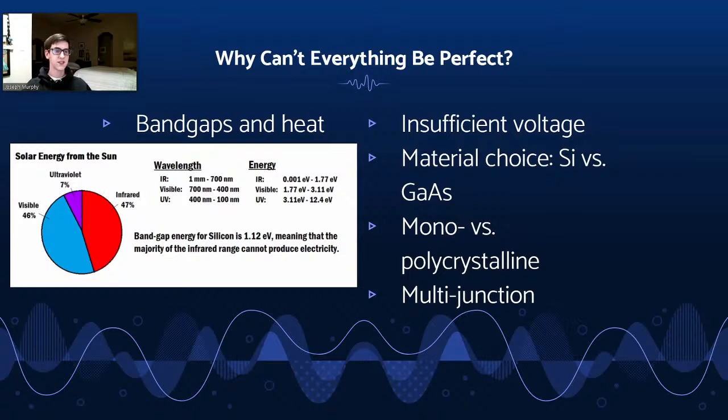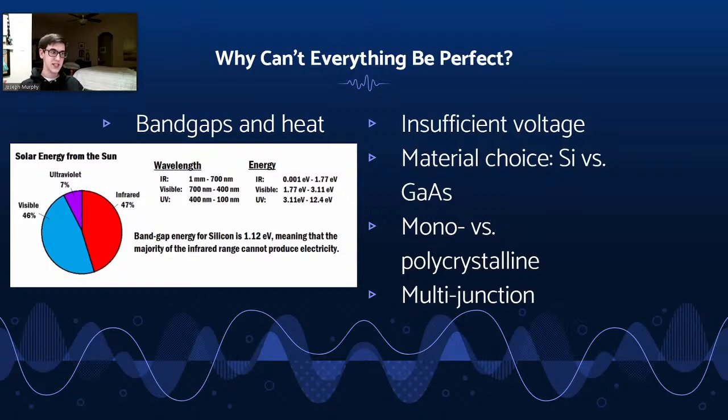And so if silicon has a band gap of 1.12 electron volts, I have no idea if that's true or not, but let's say it is. Then if we look at an EM spectrum of light and compare wavelength and energy, we see that for an electron to be excited, it has to absorb at least 1.12 electron volts of energy from a photon.